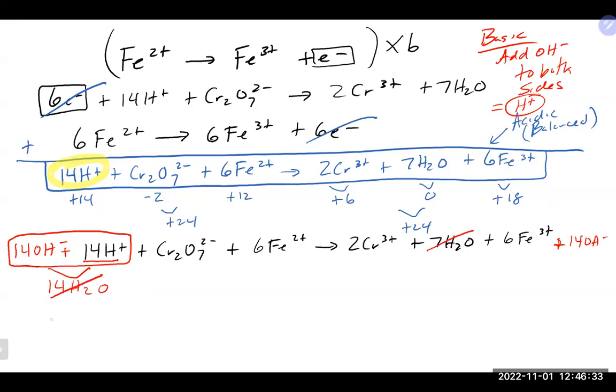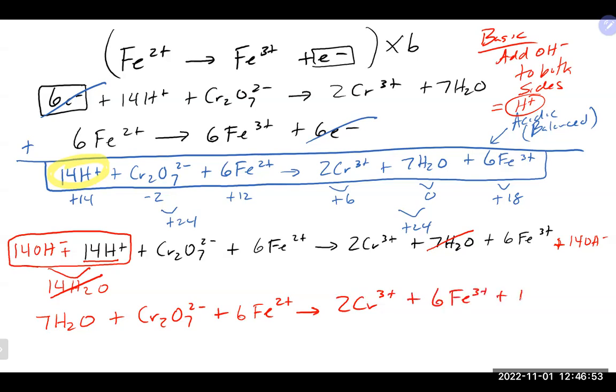And that will leave us a net of 7 waters on the left-hand side, plus our Cr2O7 2 minus, plus our 6 Fe 2 plus, gives us our 2 Cr3 plus, our 6 Fe 3 plus, and our 14 OH minus.